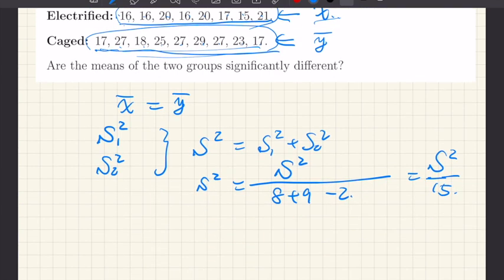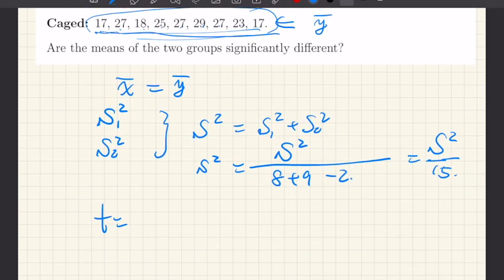Then you can define the T statistic, combining all these data: x bar, y bar, s, and the square root of 1 over 8 plus 1 over 9.